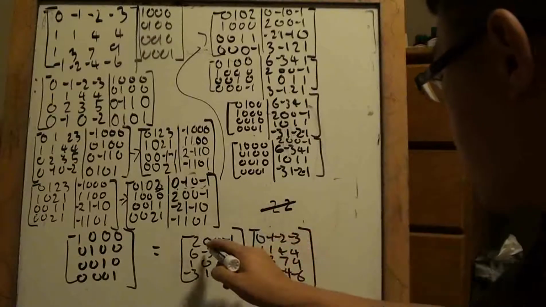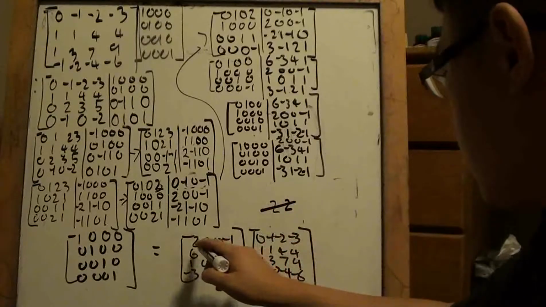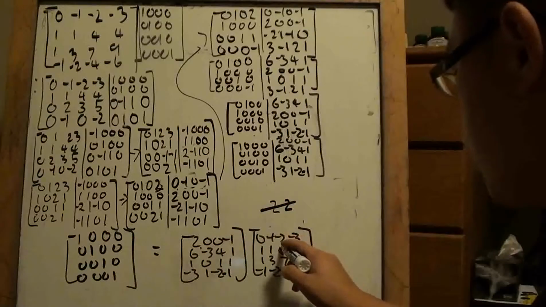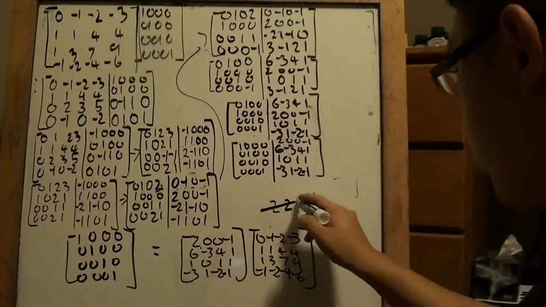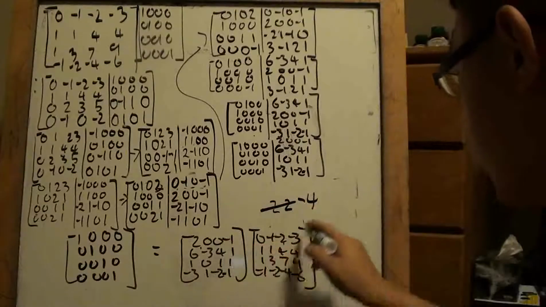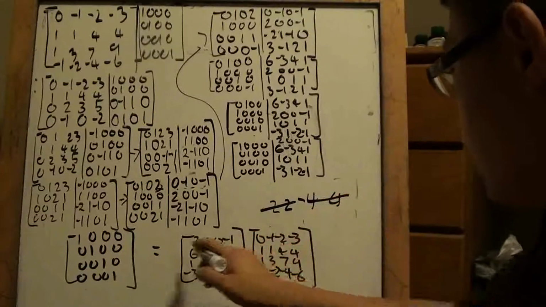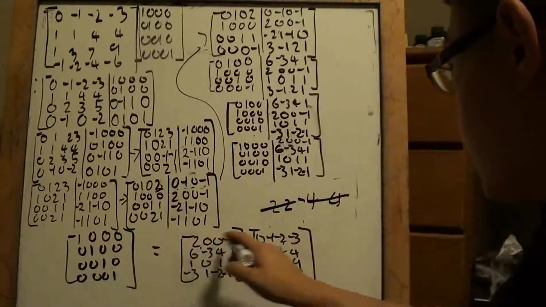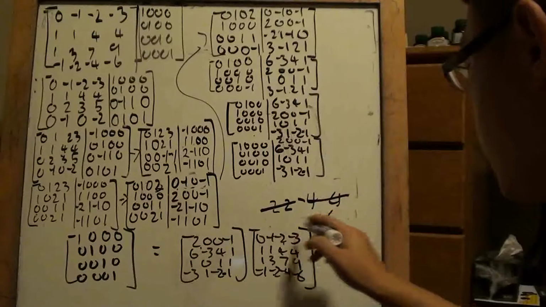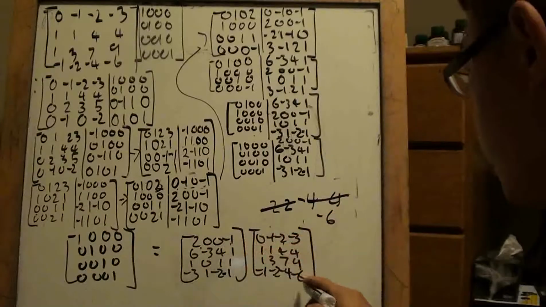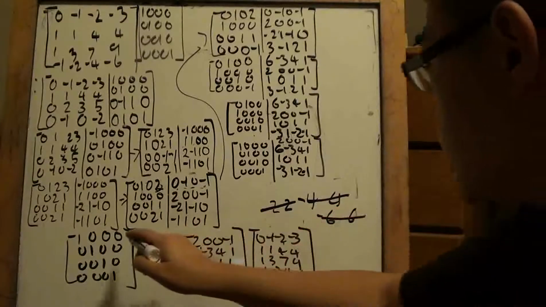So yes, 0. That's the third. 2 times negative 2 is negative 4, and negative 1 times negative 4 is 4, so that's 0 again. 2 times negative 3 is negative 6, and negative 1 times negative 6 is 6. Yes, so that's 0.